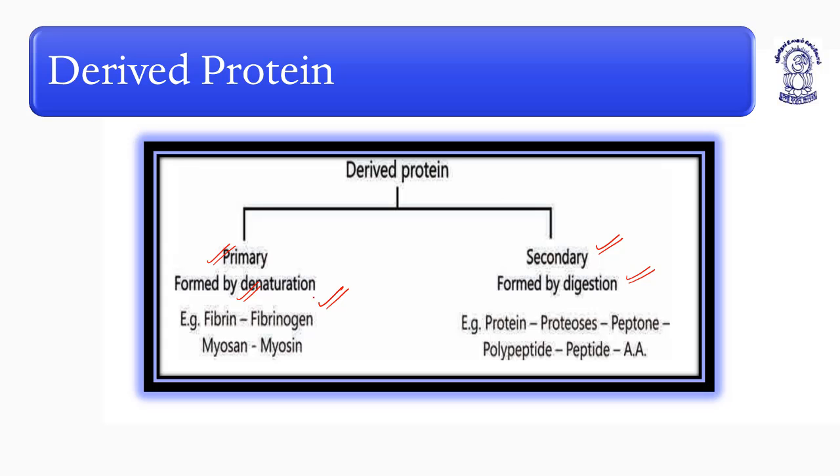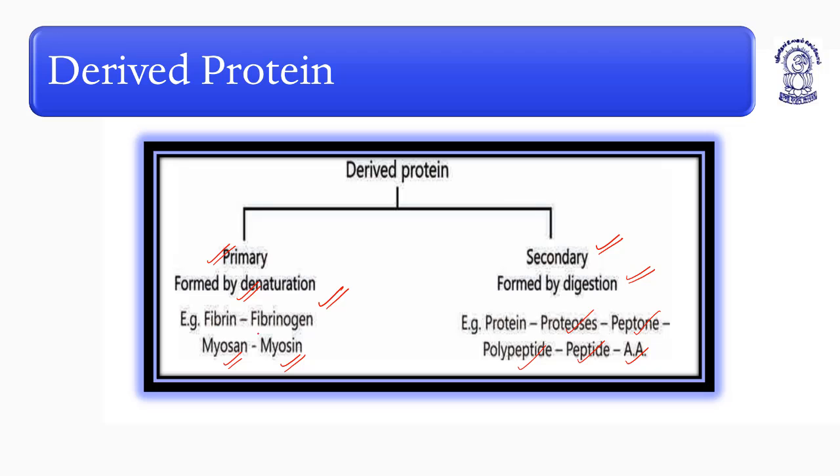Like fibrin forms fibrinogen, myosin forms myosin. The secondary form, by digestion: protein is digested to form proteoses, then peptones, then polypeptides, then peptides, and then amino acids. So these are known as derived proteins.